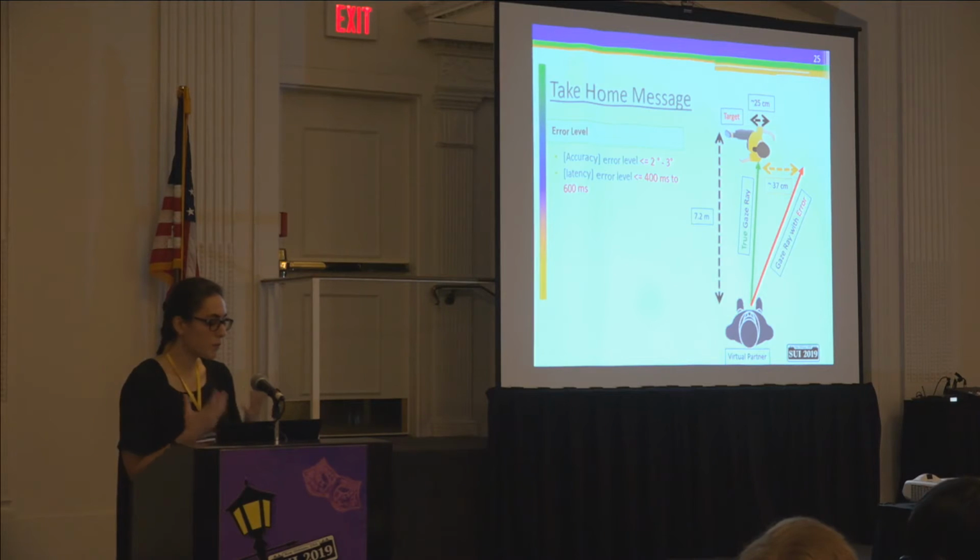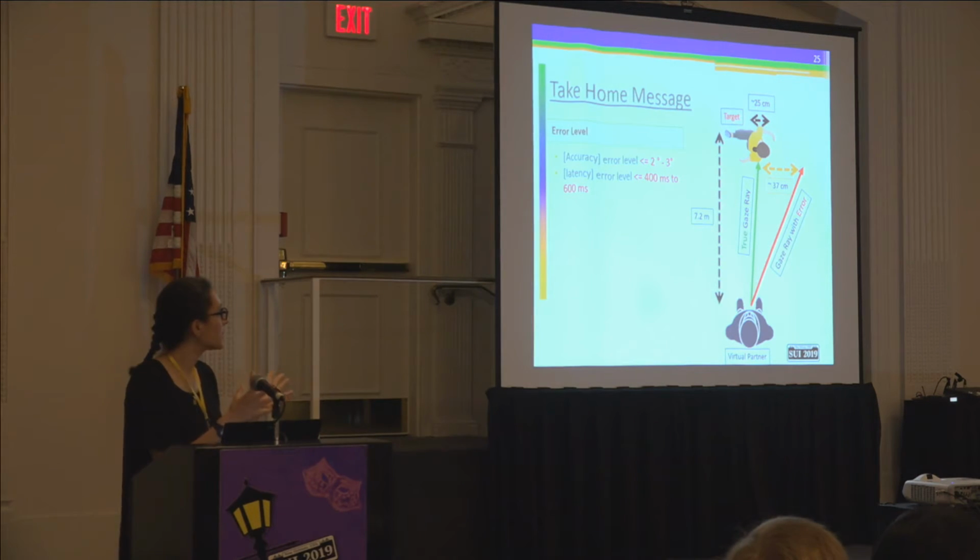To provide a brief guideline, we noticed that for accuracy, a relatively acceptable amount of error at which participants can maintain their performance is around 2 to 3 degrees. And for latency, it's somewhere around 400 milliseconds to 600 milliseconds.